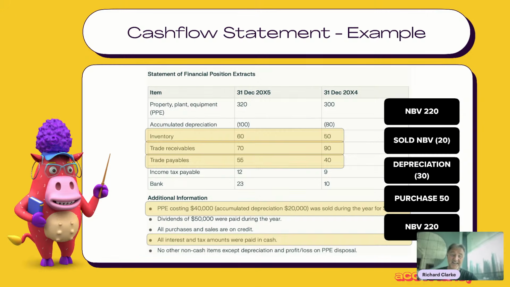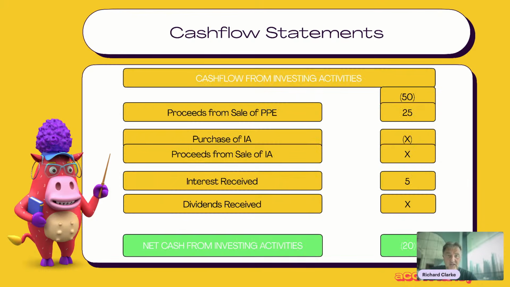So that's how you calculate the purchase. You put everything you know in, then the balancing figure is your purchase. And I'm presuming that this 50 was purchased with cash. So that's that top line there, the 50. Sorry about that. I don't know why it didn't come out, but it should say purchase of PPE 50 at the top there.